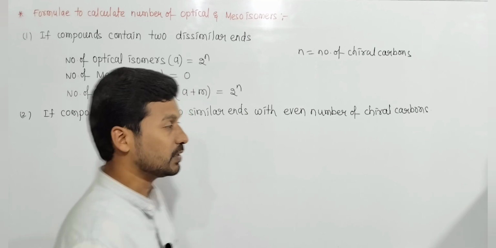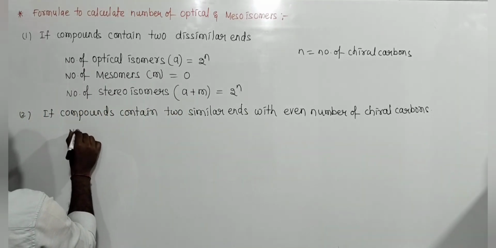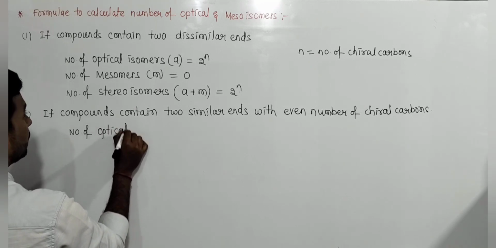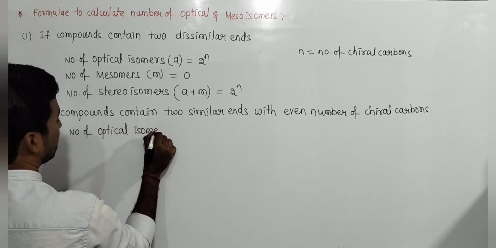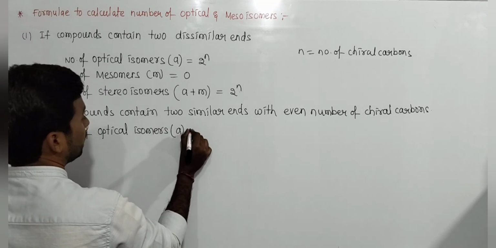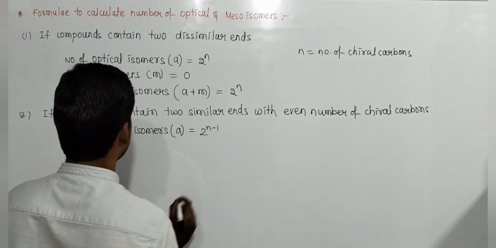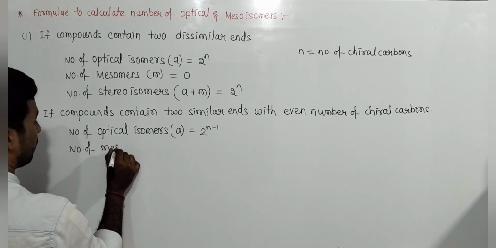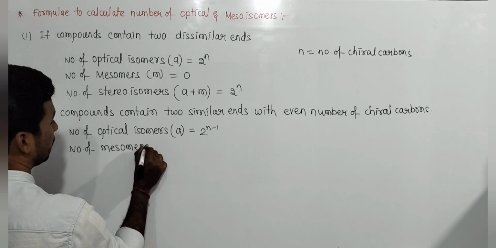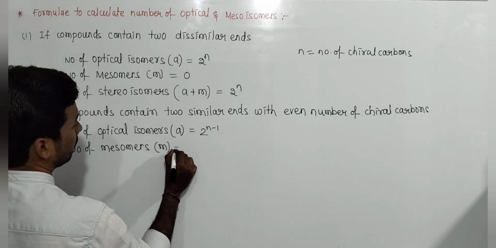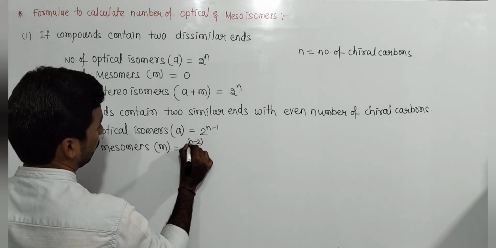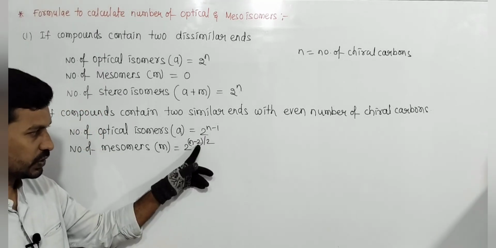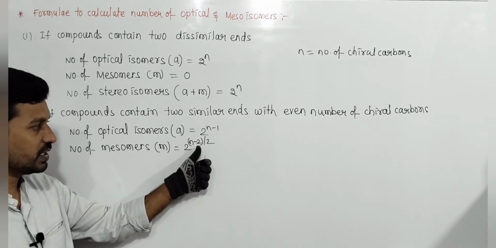If there is an even number of chiral centers, then the number of optical isomers, denoted with small a, is equal to 2 power n minus 1. The number of mesoisomers, m, is equal to 2 power n minus 2, by 2. For even we use 2, for odd we use 1.